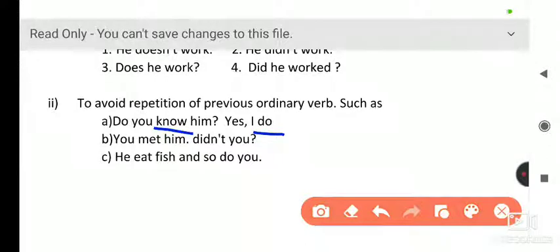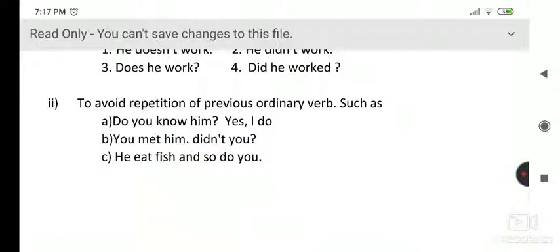Secondly, we avoid the verb met while using did in making the question tag. In the third sentence, we avoid the verb and we use do in the sentence.